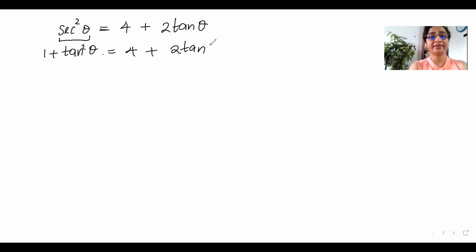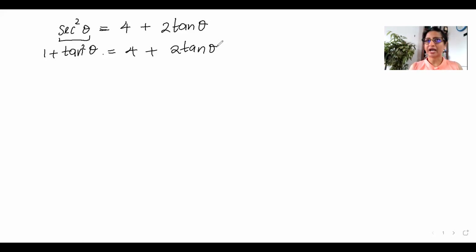Now I have, it still looks complicated, lot of terms, but it's better than what I had before. Why? Because now I only have tan theta terms. Does anyone see a special thing about this equation? I have a tan squared theta and a tan theta.